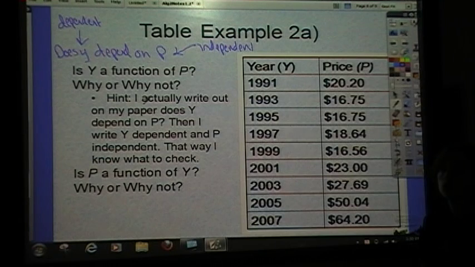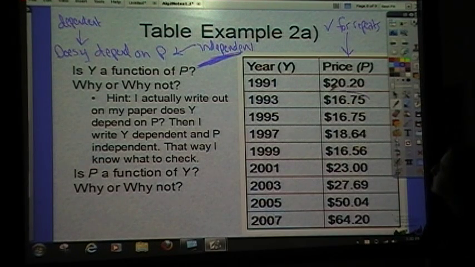Which one do you check to see if it's a function? You check the independent one. What am I checking for? Repeats. So in this case, I'm going to go to P and I'm going to check for what? Repeats. Do any of these numbers repeat?